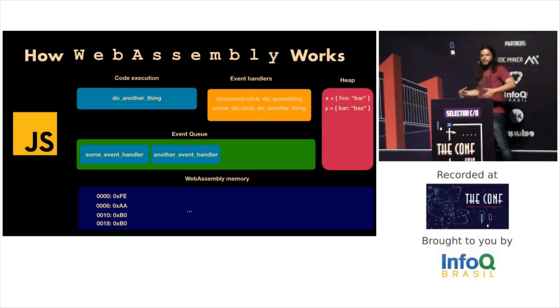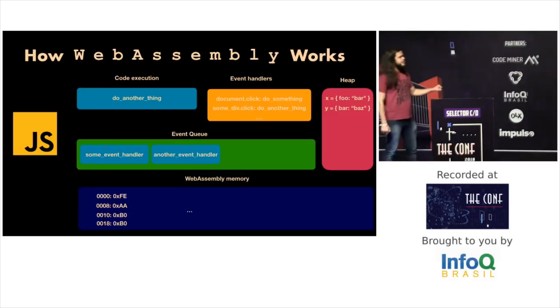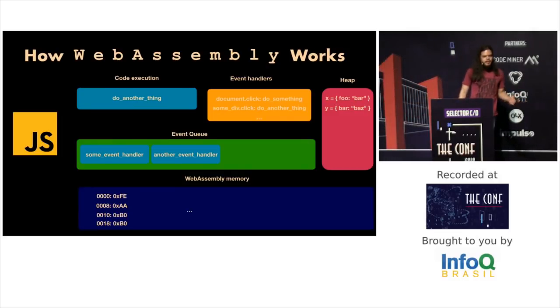So whenever a WebAssembly function starts running, the JavaScript engine says, okay, there is a WebAssembly function running. WebAssembly function, how much memory do you need? So the WebAssembly function will declare its memory size, and the JavaScript engine just hands it a piece of WebAssembly memory, which it can mutate in any way it wants.